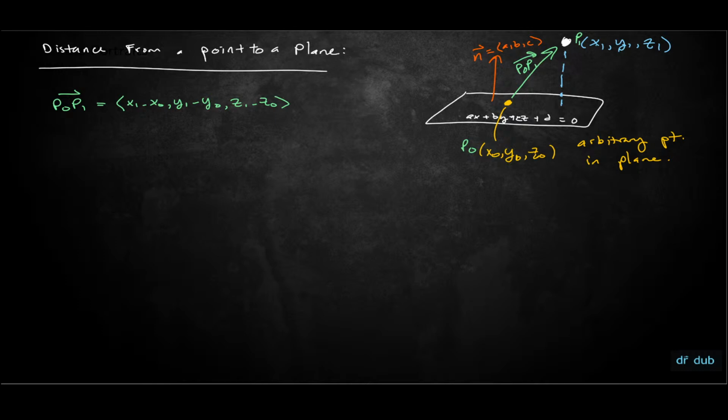And now what we're going to do is project that onto the normal vector. So find the scalar projection of the p0, p1 vector onto the normal vector n.